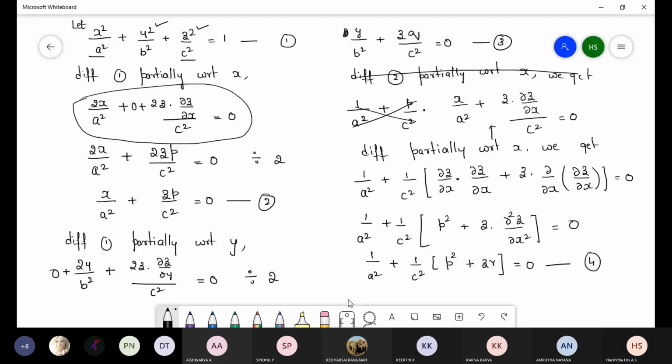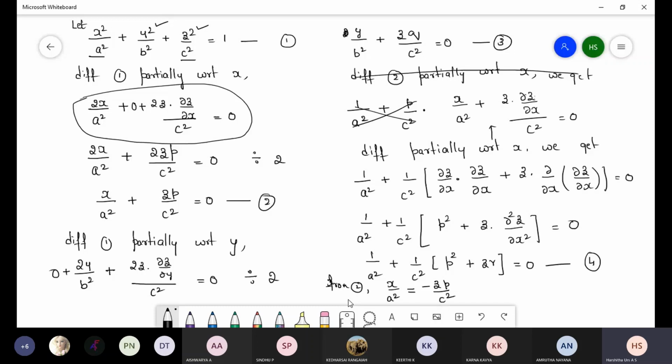Now for x square by a square, from equation 2, what is our equation 2? x by a square. So I write here, from equation 2, x by a square is equal to minus z into p divided by c square.